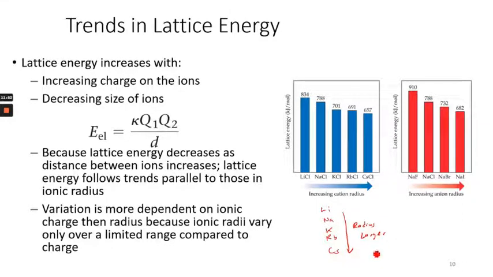Since the radius gets larger, the lattice energy decreases. And you can see the same thing here. In this case, we're just changing the anion. Again, as we go down, we're getting larger. The radius is getting larger, so the lattice energy decreases.